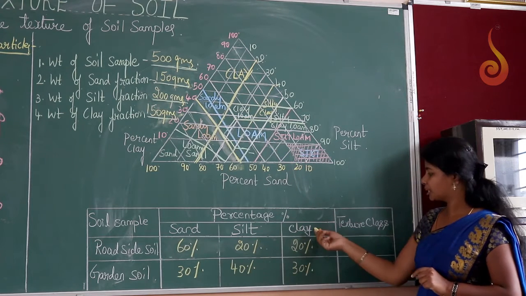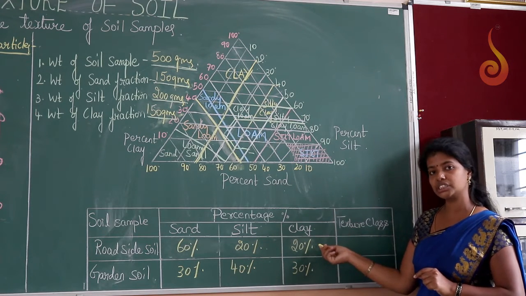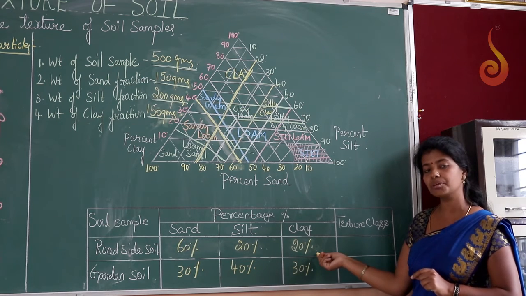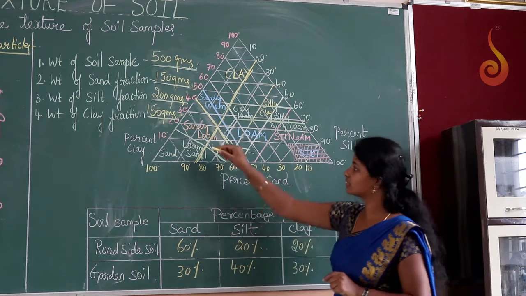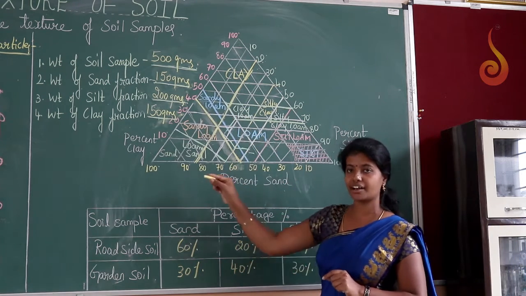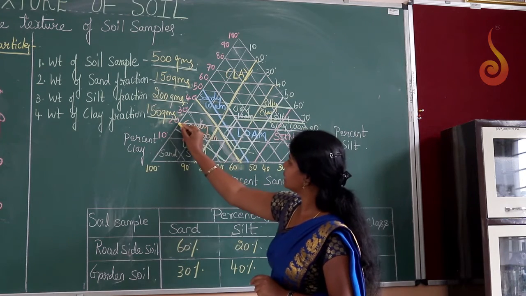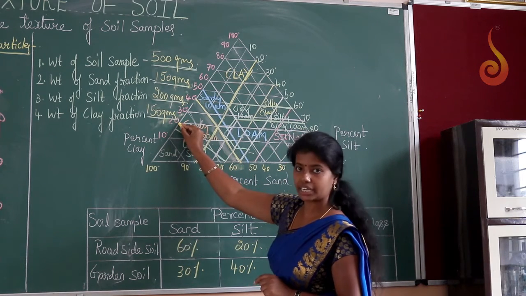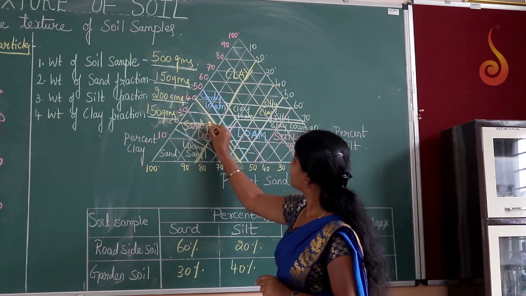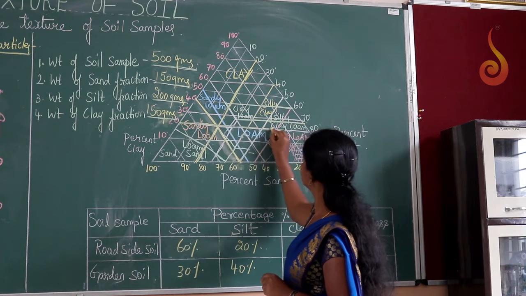Then coming to clay percentage, which is 20%. Now always remember, once we are reading the percent of clay, we have to draw the line horizontal. So here is the 20% of clay. I am going to draw the line horizontal.